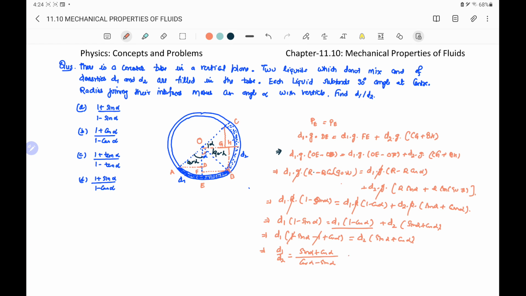Now we divide numerator and denominator both by cos alpha, so we will have sin alpha by cos alpha, which is tan alpha, plus 1 divided by 1 minus tan alpha, or we can write it as 1 plus tan alpha by 1 minus tan alpha. Hence option C is the correct option.